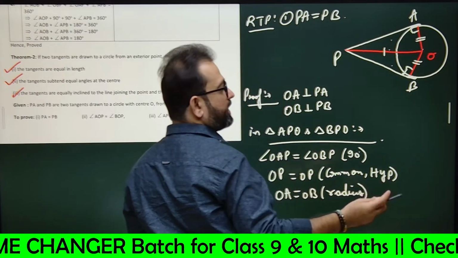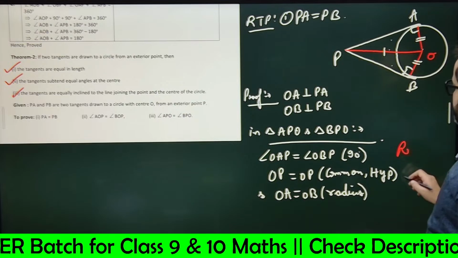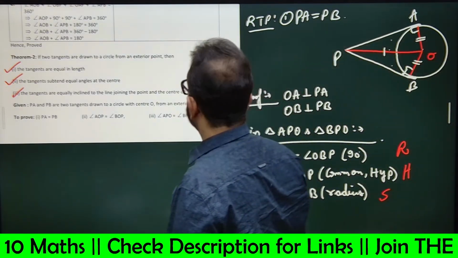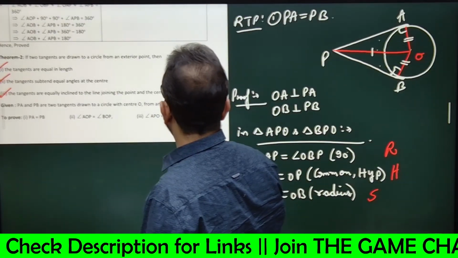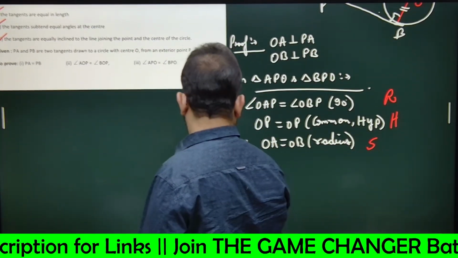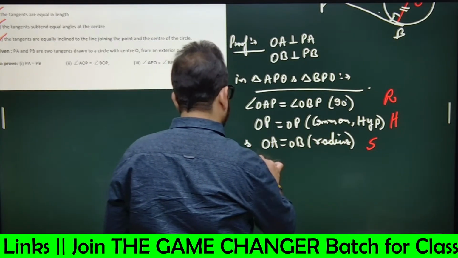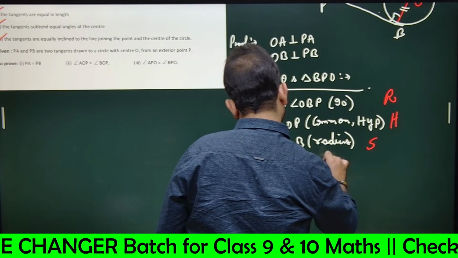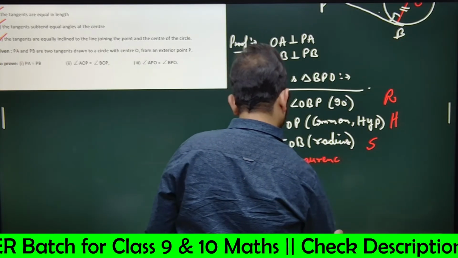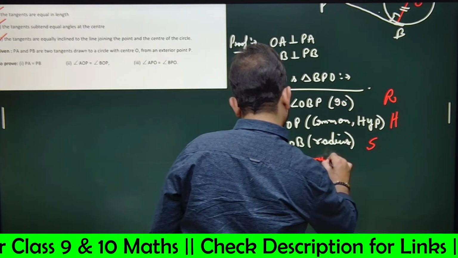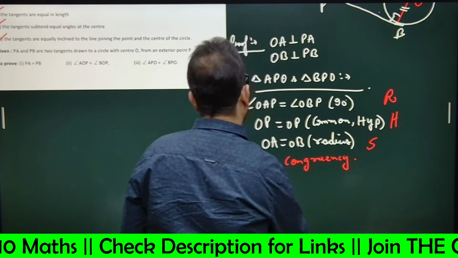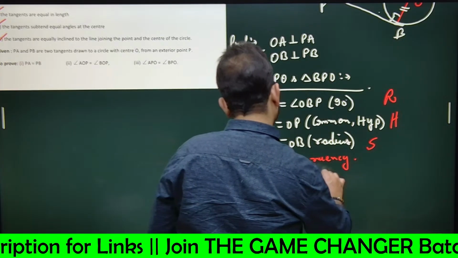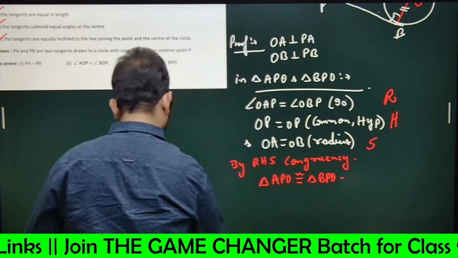So can I say by RHS, this is the right angle, this is the hypotenuse, this is a side. By RHS congruency, triangle APO is congruent to triangle BPO.